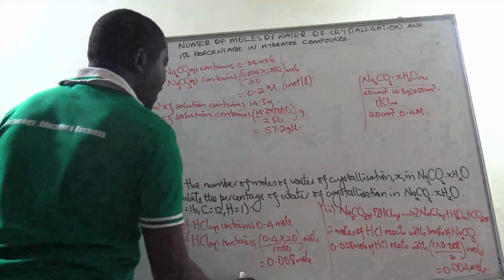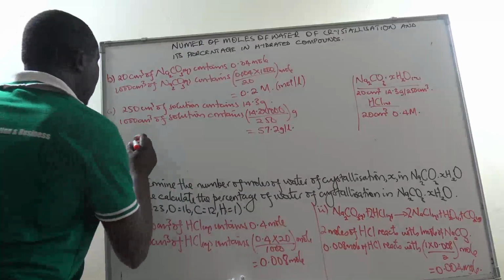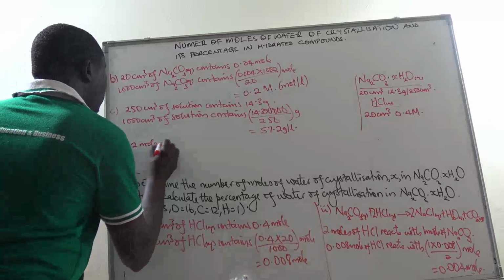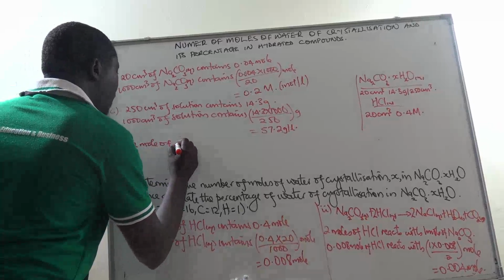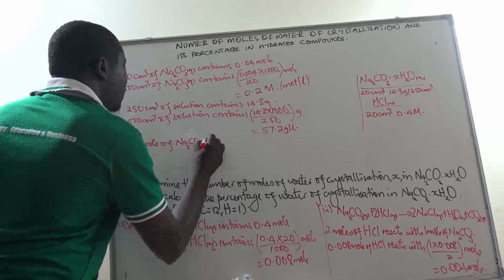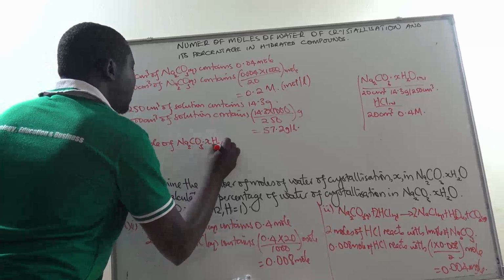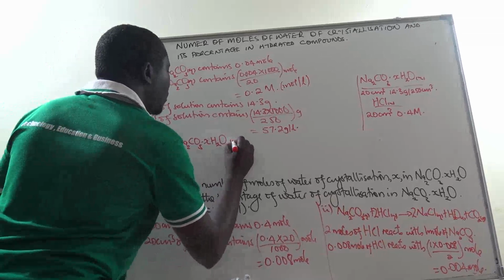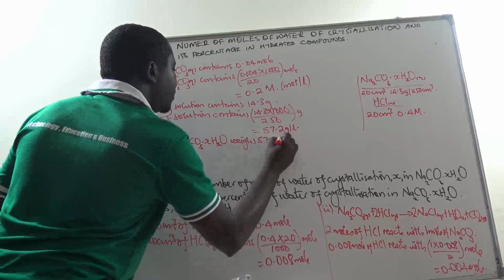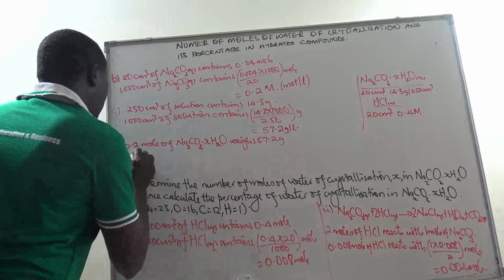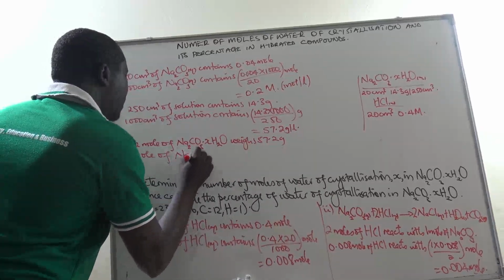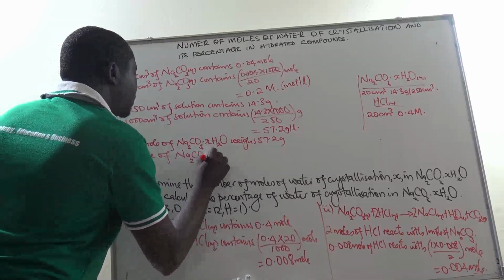So we shall finally say that 0.2 mole of the hydrated sodium carbonate weighs 57.2 grams. And then what of 1 mole of the hydrated sodium carbonate?